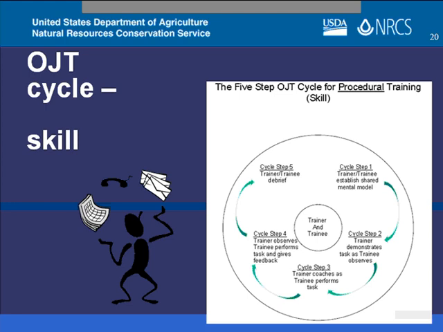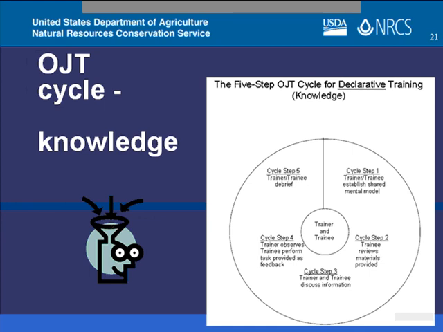When you get to the knowledge base, you still have that mental model. You're looking at reviewing materials provided and a discussion of those materials. You may have some kind of performance task using the knowledge learned, and if everything's good to go, you move on, debrief, and wrap up the module.